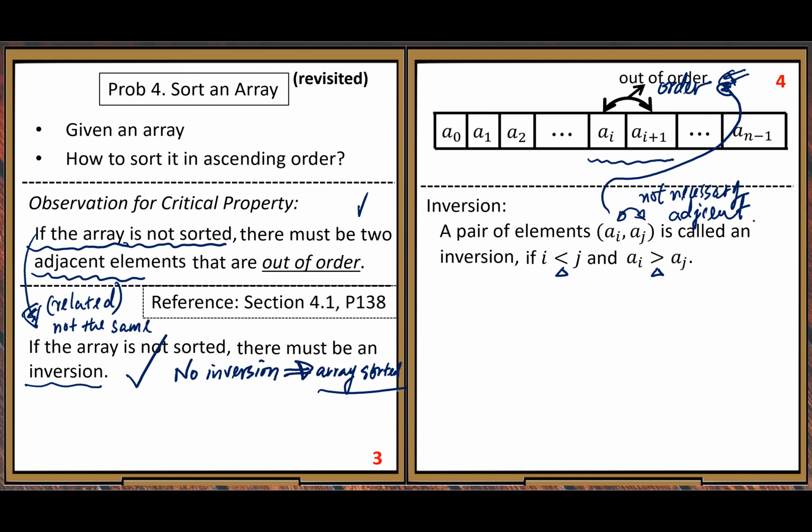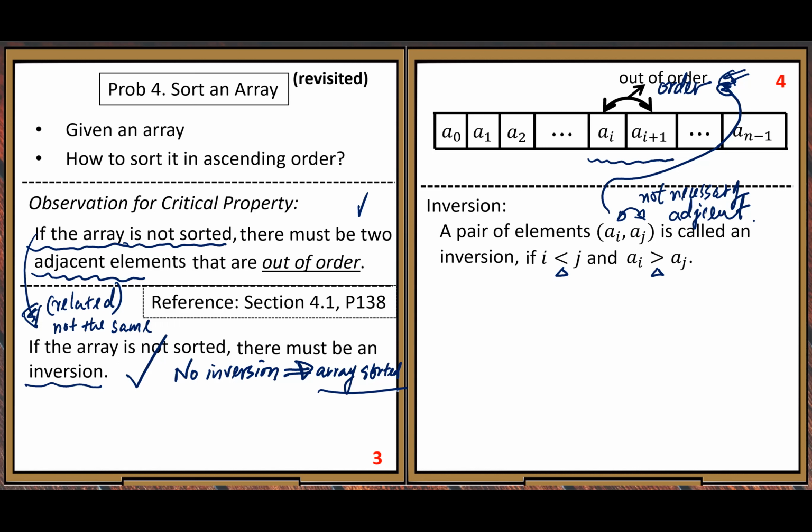All elements must be in ascending order. That corresponds to the no inversion case. Because if you can find one inversion in the array, then the elements in this array won't be in ascending order, right? You need some intuition here to get this point.